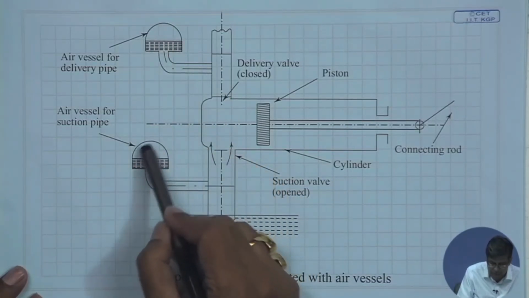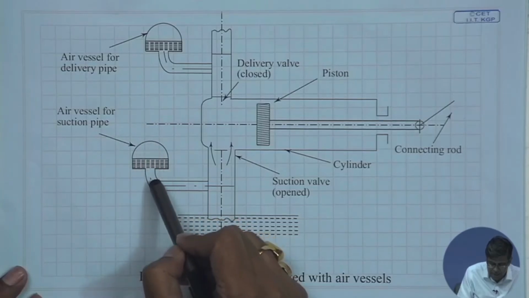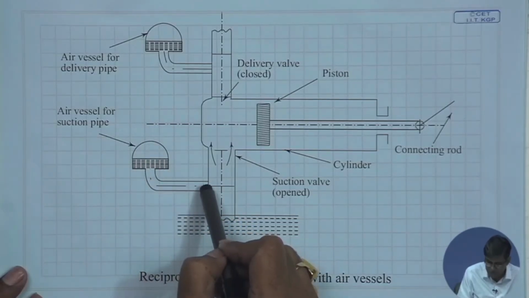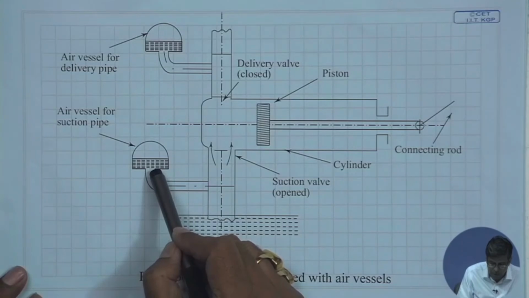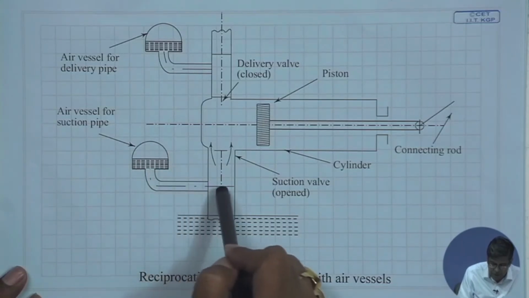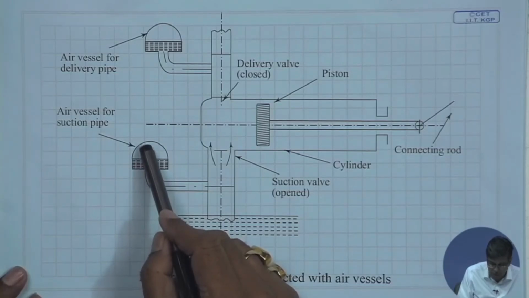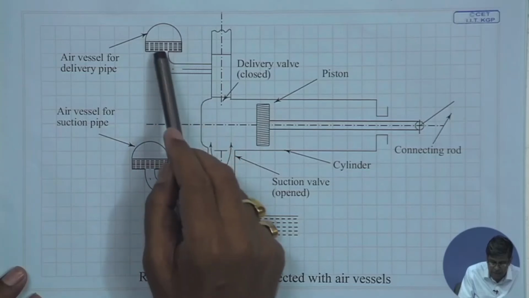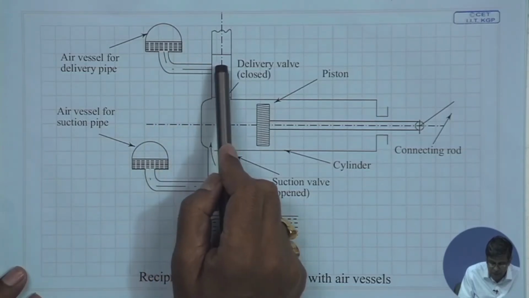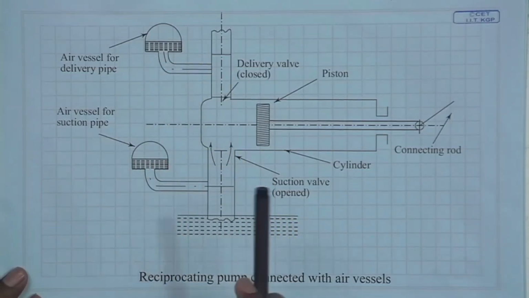So when this air expands, it releases water, or in terms of energy, and when it is compressed, it absorbs energy. Therefore compression and expansion of the air in the air vessel releases water or takes water from the line.